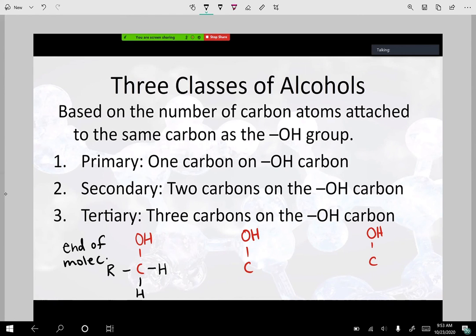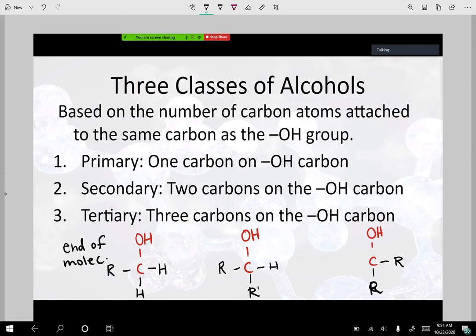In our secondary, we have one hydrogen on it, but we've got an R group and an R group coming off the other sides. And we could do that R prime if we wanted to. So that's my secondary. My tertiary has 3 R groups coming off of it.